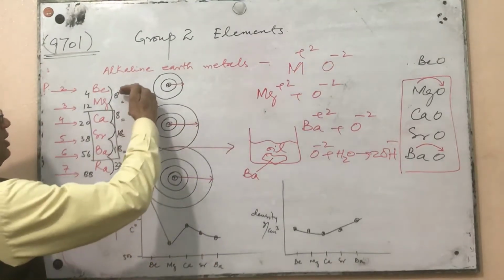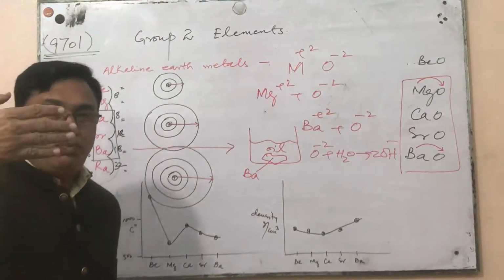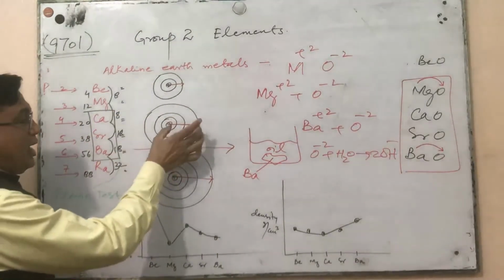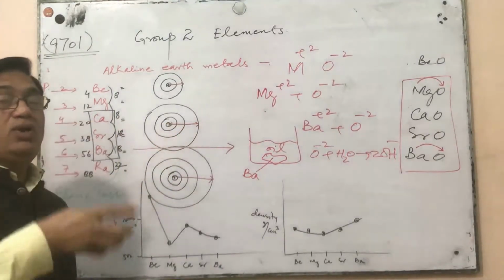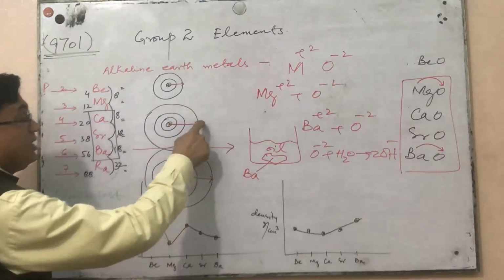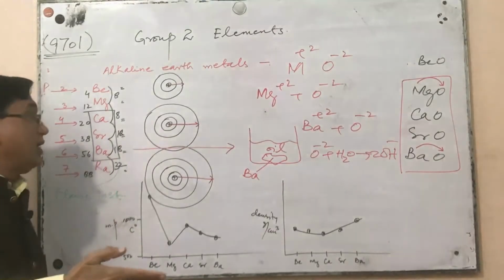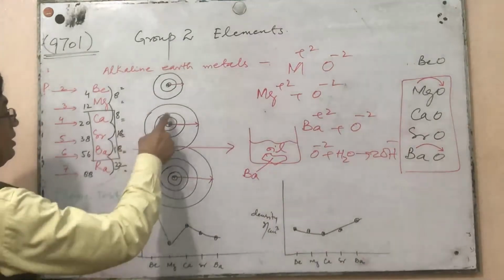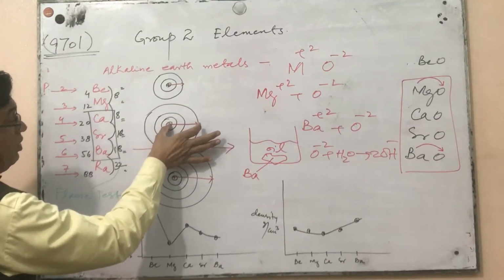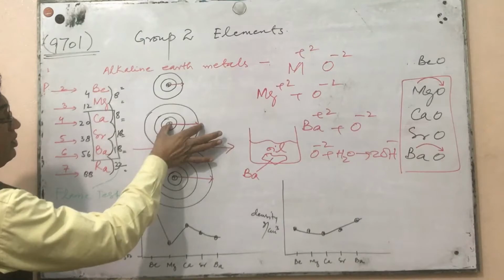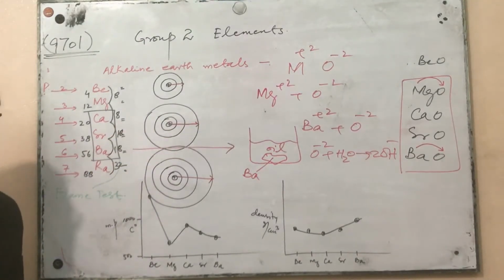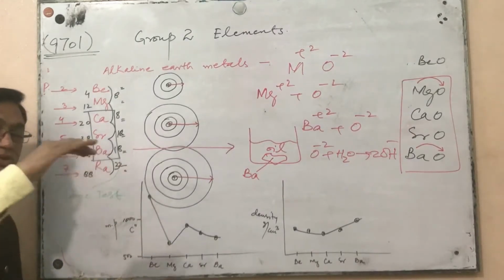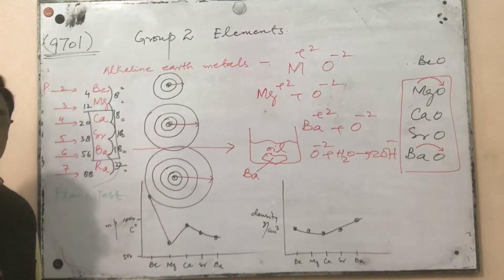We can say that as compared to the increase of protons in the nucleus, the shielding effect and the distance between the nucleus and the outermost shell electron in case of magnesium are increased more as compared to the increased number of protons. That's why the force of attraction of the nucleus on the outermost shell electron decreases rapidly, which is reflected here. The melting point of magnesium drops significantly.